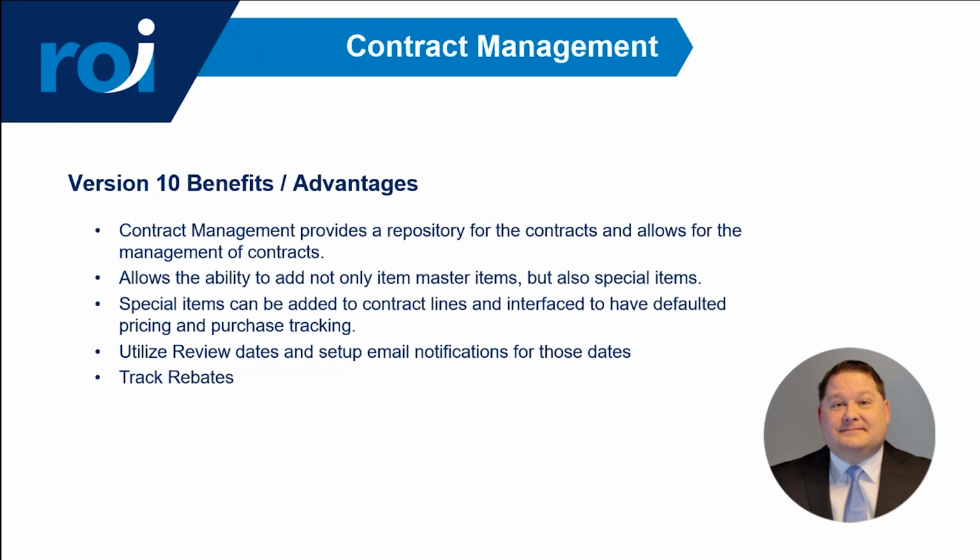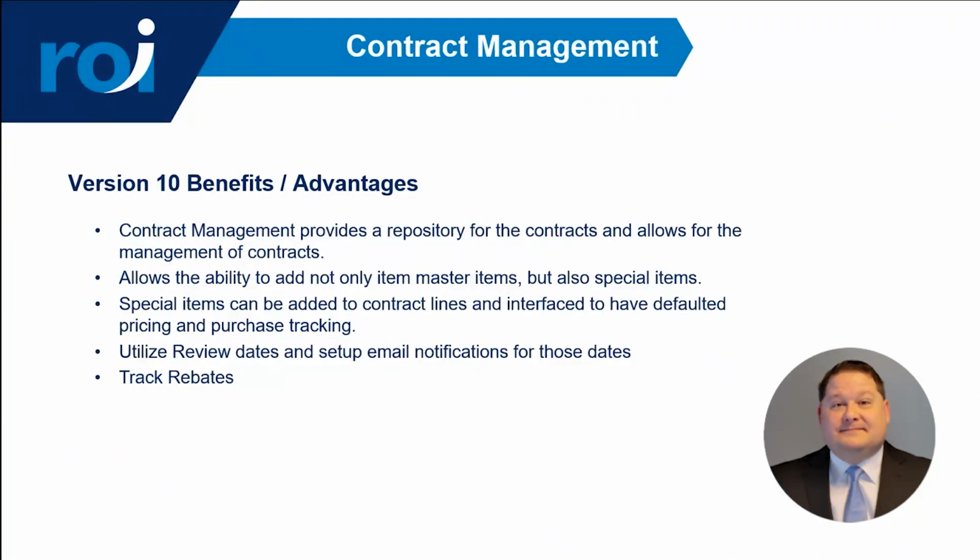Another big thing that you can utilize it for is review dates and setting up email notifications for those dates. It really helps, especially with contracts where you wish it could be a 1 or 2 day turnaround for a new contract, but unfortunately, even with GPO contracts, sometimes those are behind.